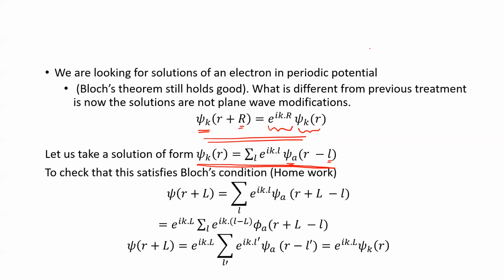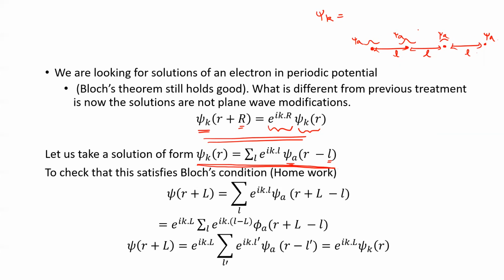So what I mean is, let's say I have an atom here, I have another atom, another atom, another atom, each of them separated by L, right? And if this has a wave function like this, this is psi A, this is psi A, this is psi A, right? These are atomic orbitals.